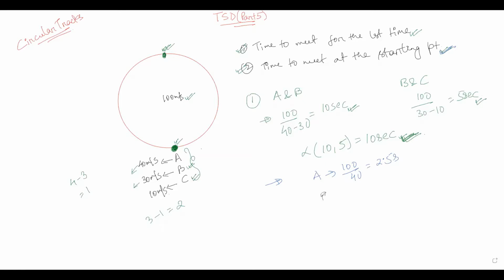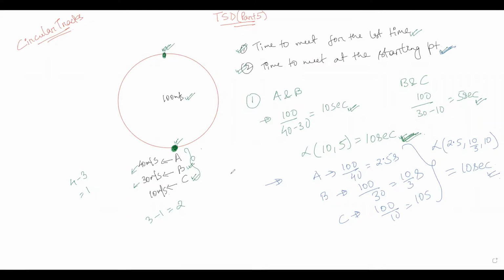The time taken by B to complete this 100 meters track would be 100 upon 30, which would be 10 by 3 seconds. And the time taken by C to complete this 100-meter track would be 100 upon 10, that is 10 seconds. Now, if we take the LCM of these three numbers, that is 2.5, 10 by 3, and 10, this LCM would be simply 10 seconds.